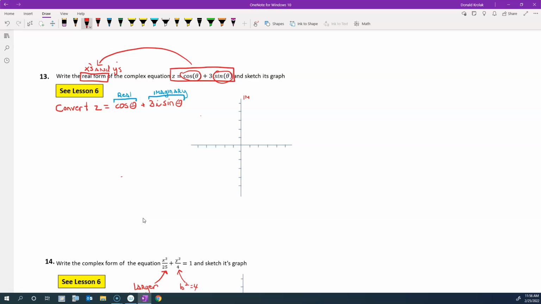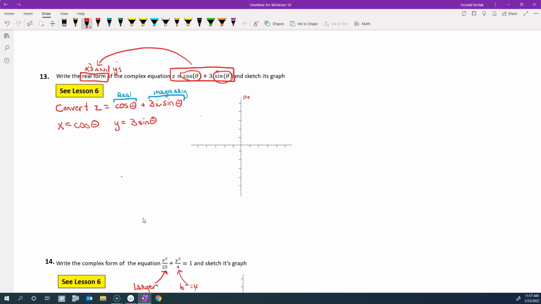Okay, so to do that, the x part of this equation, the real part, is cosine. So I can write that x is equal to cosine theta. Okay, the y part is 3 sine. The i just tells us that it was this axis here. So y equals 3 sine theta.